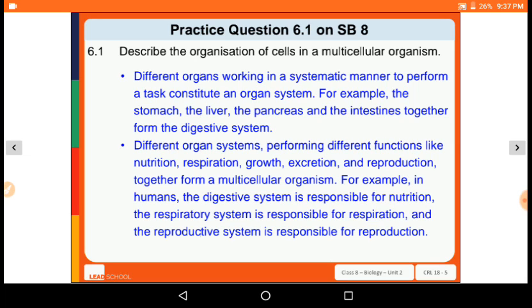Different organ systems perform different functions like nutrition, respiration, growth, excretion, reproduction, together forming the multicellular organism. For example, in humans, the digestive system is responsible for nutrition, the respiratory system is responsible for respiration, and the reproductive system is responsible for reproduction. So particular systems particular functions के लिए ही बनी होती है.